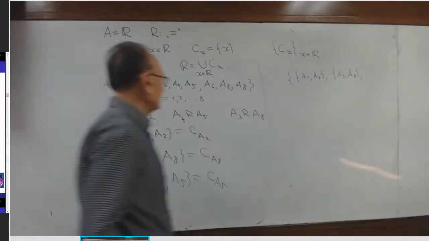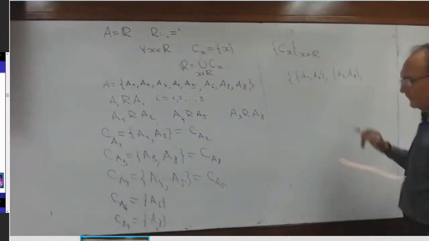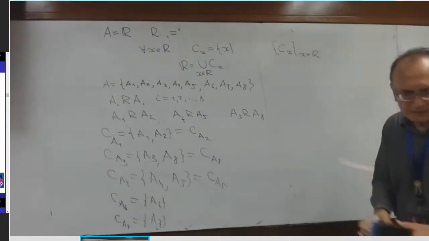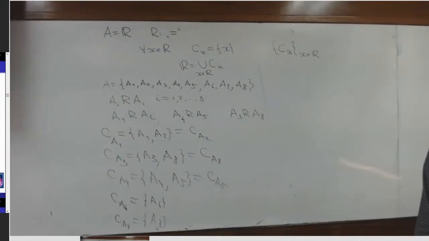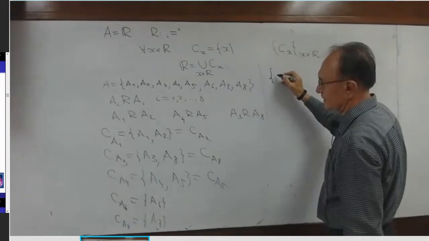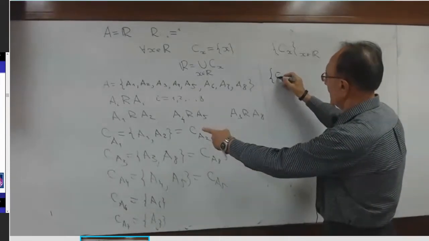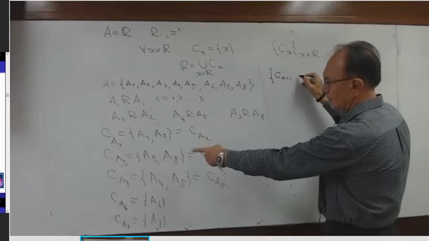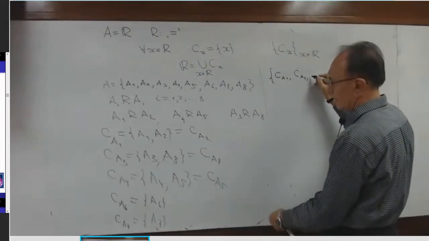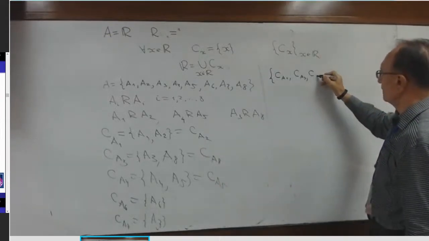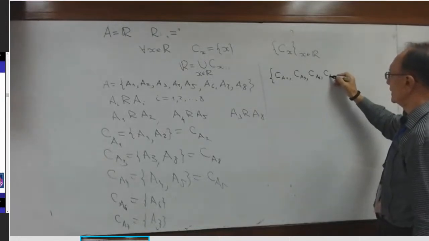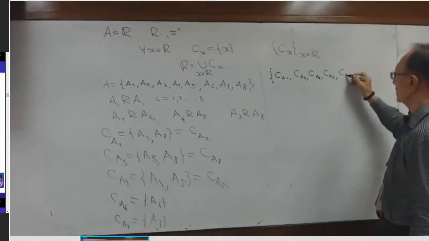Okay, so I have the following family of subsets: CA1, CA3, CA4, CA6, and CA7.